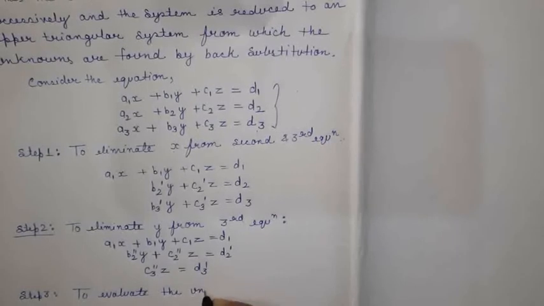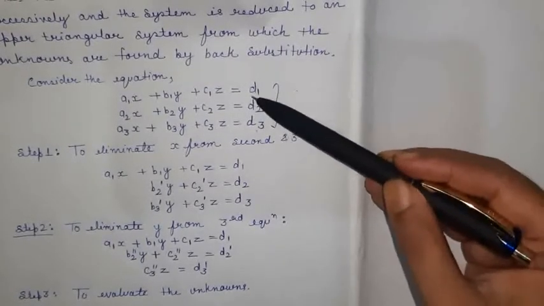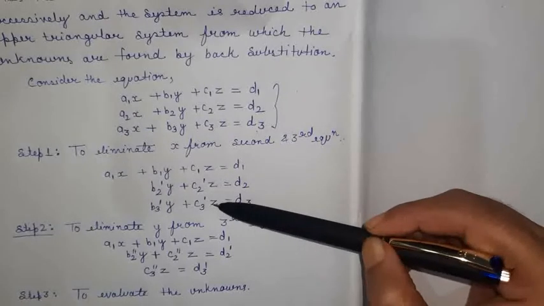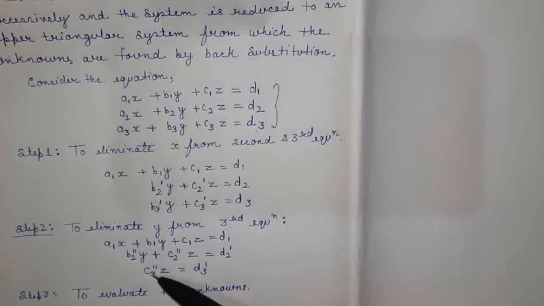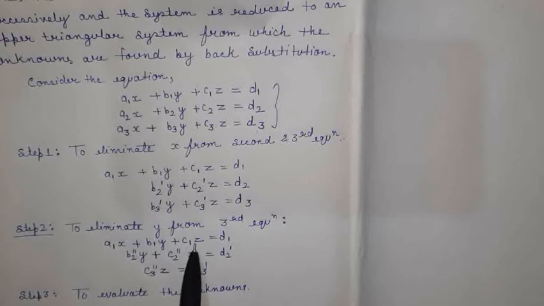So students, this is our general equation. Our first step is to eliminate x from the second and third equation, and our second step is to eliminate y from the third equation. After this, we have three equations: in the first equation we have x, y and z, all three variables; in the second equation we have y and z; and in the third equation we have the z variable.